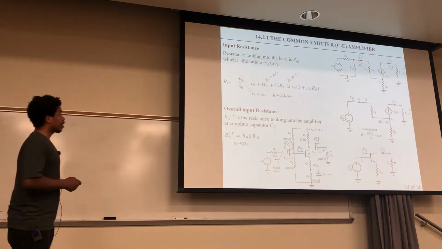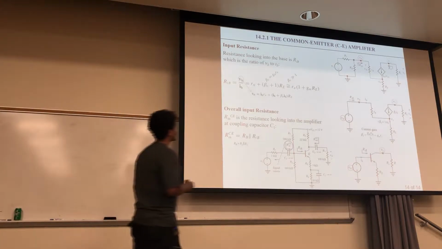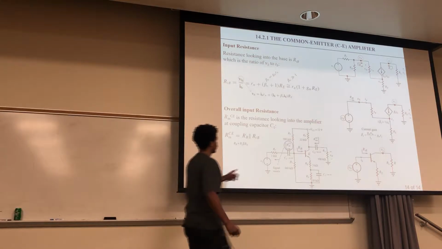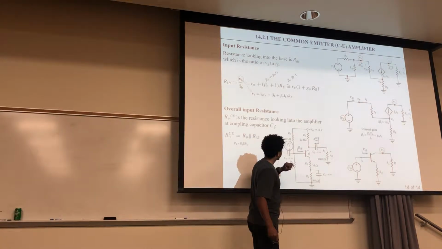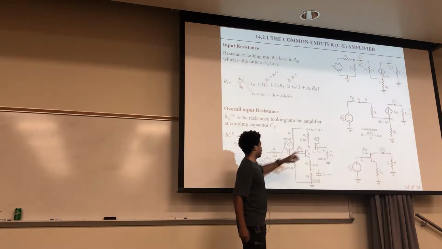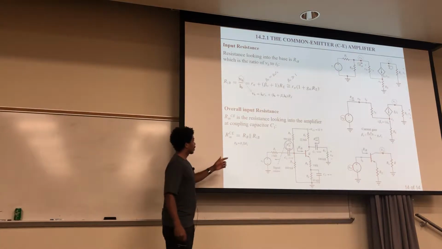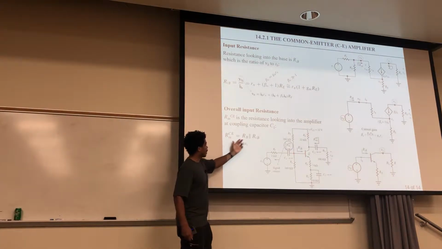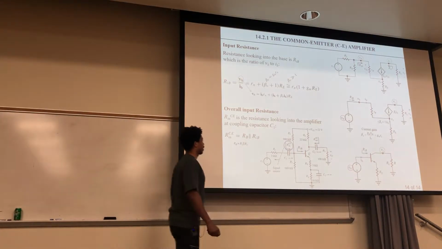Now your overall input resistance, this Rin, that's the resistance looking into the amplifier at the coupling capacitor right here. Here's another coupling capacitor, and that's for Rout, and we'll look at that next lecture. For this one, it's really like RB being in parallel with RIB.